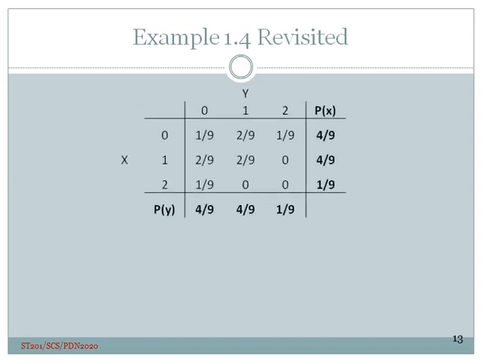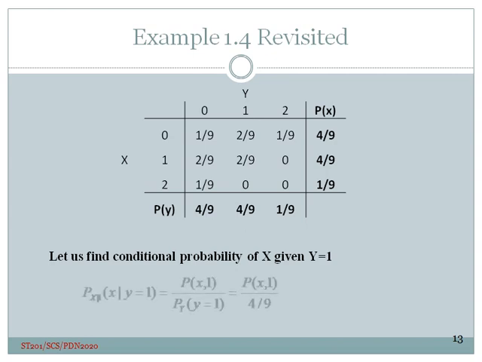Let's look at the example 1.4 again. We already have the marginal PMFs of Px and Py. Let's try to find the conditional probability of x given y equals 1. We apply the definition, that is, the probability of the joint PMF x, 1, because we already know y equals 1, that is the given condition, and we divide by the given value py equals 1.